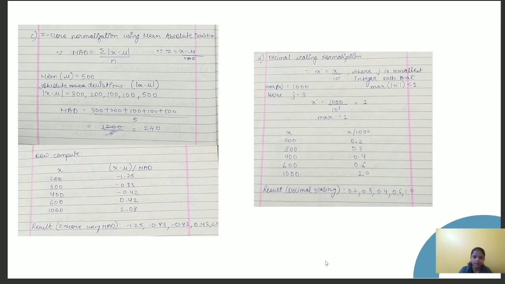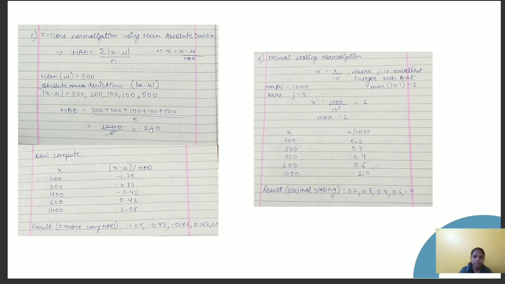So our mean is 500, and we calculated the x minus mu with the help of our given data points. When we substitute these values and take the summation divided by n, which is our 5, our mean absolute deviation is 214.